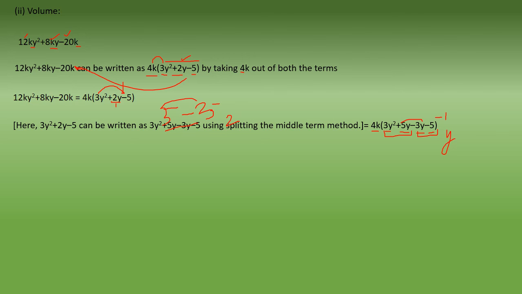So we get 4k, and in square brackets, y into 3y plus 5 and minus 1 into 3y plus 5. Keep focus here: we take plus 5 because we need minus 5 in the end, and minus 1 times plus 5 gives minus 5.